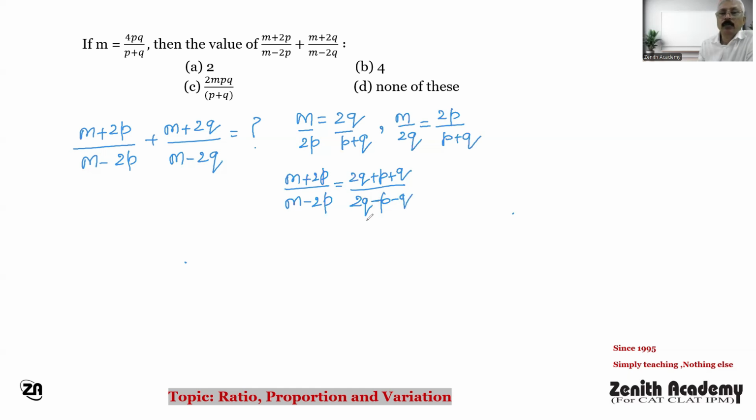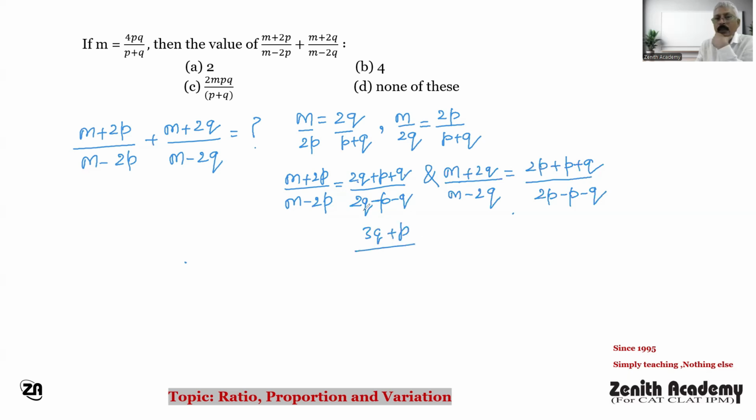This is componendo dividendo rule, and here same m plus 2q upon m minus 2q is 2p upon 2p minus p minus q. Correct? So this is 2q plus p plus q, 3q plus p, and 2q minus p minus q, so it is q minus p.